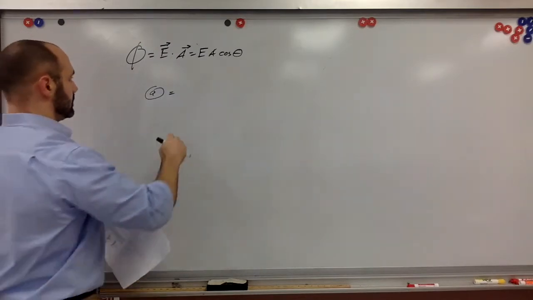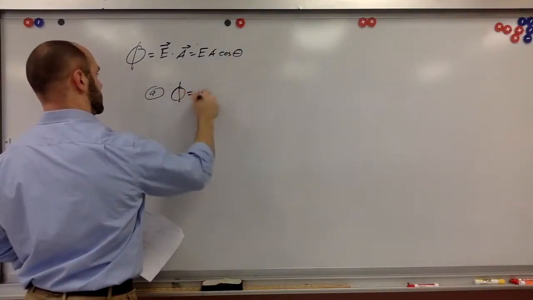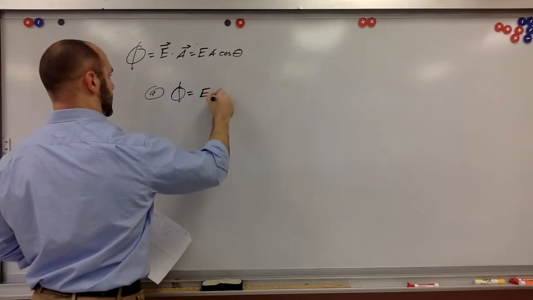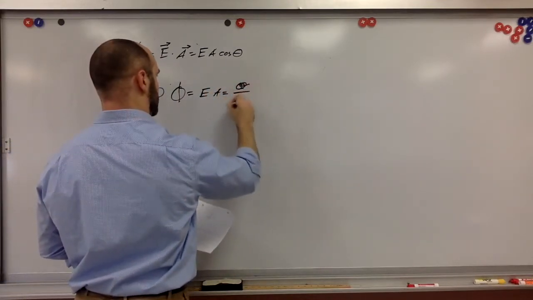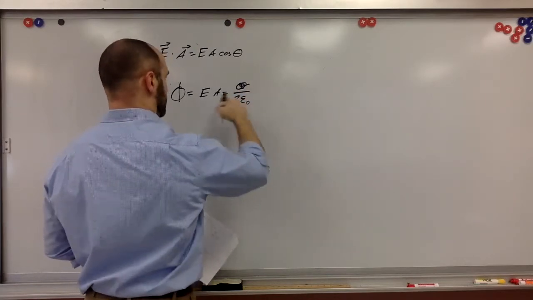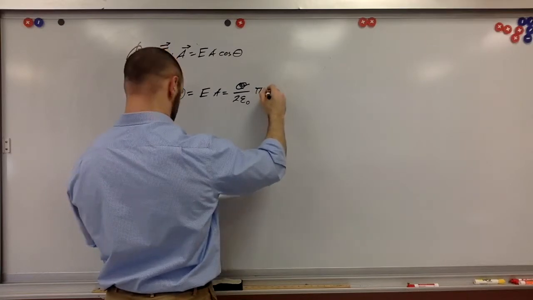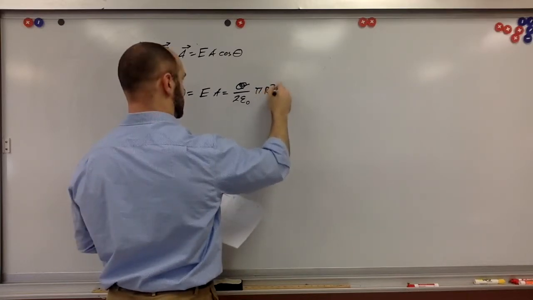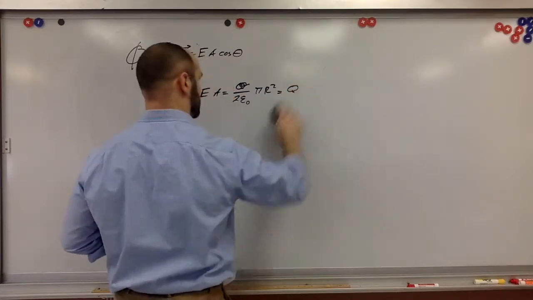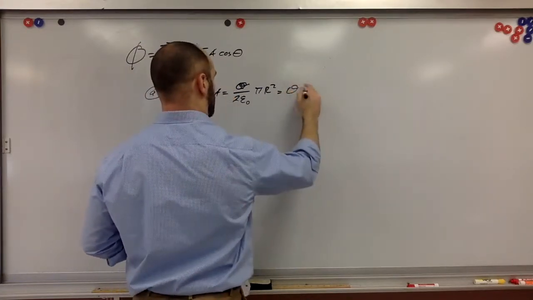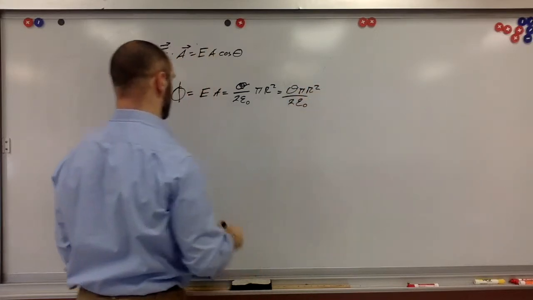And so the flux is going to be EA. E is given by sigma over 2 epsilon naught, and then A is given by pi r squared. So this is sigma pi r squared over 2 epsilon naught.